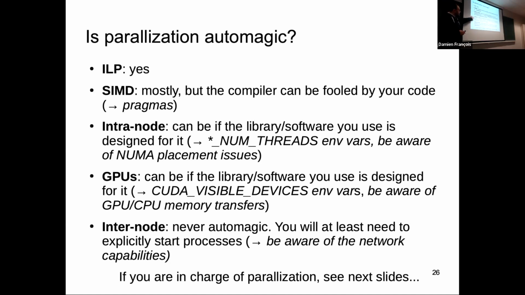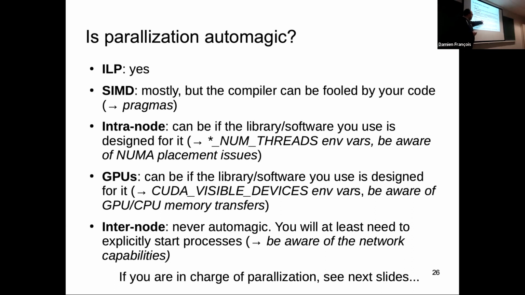As far as GPUs are concerned, it's the same thing. Either you are using a library or a program such as TensorFlow that uses GPUs in a transparent way, or you will have to organize it by yourself. But most importantly, you will need to make sure that the environment holds the correct variables so that your program is aware that there are GPUs available.